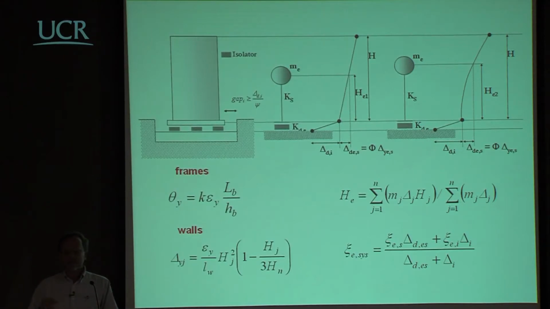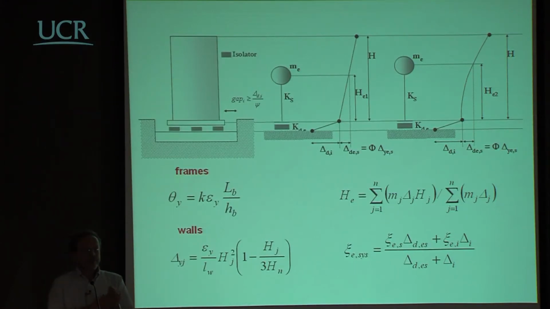So this means that the contribution of the building to the total displacement will be, say, 80% of the yield displacement of the building. So what I'm trying to say is that if you now want to have a design displacement there, of the total design displacement, this will be the combination of the displacement of the contribution of the building, which can be guessed at the beginning of the process, and the contribution of the isolation system.